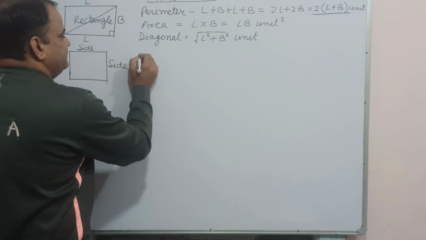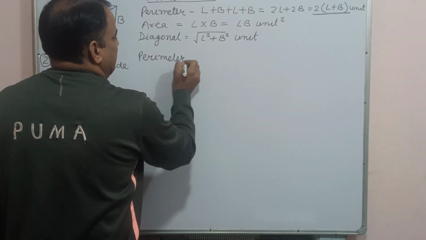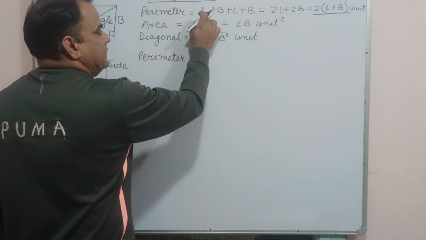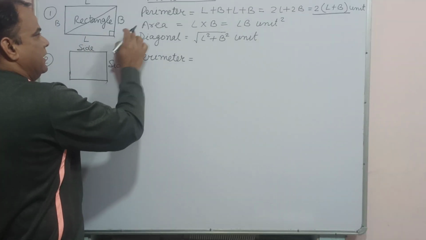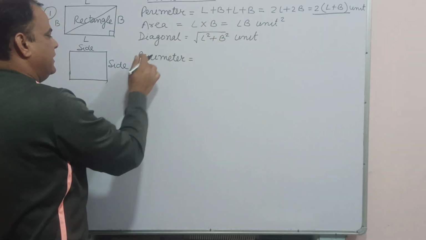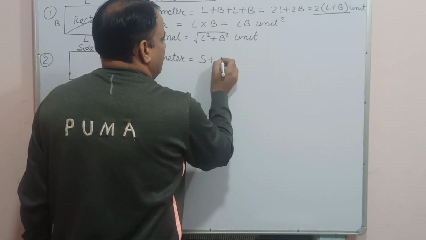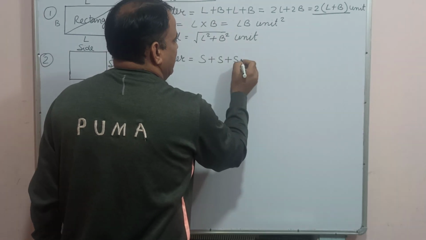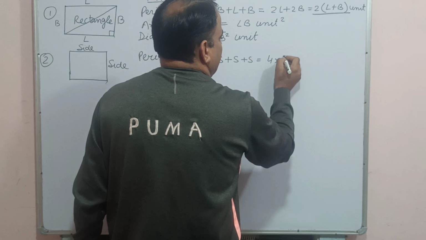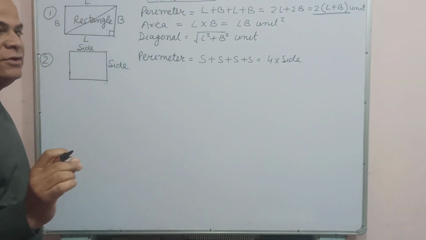The perimeter of a square, just like this. At the place of length there is side, at the place of breadth there is also side. So we can say that side plus side plus side plus side equals 4 into side. This is the perimeter of square.